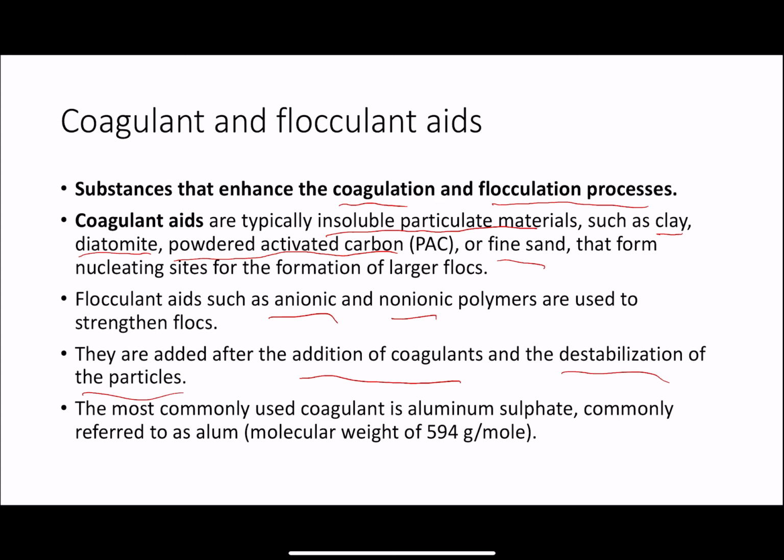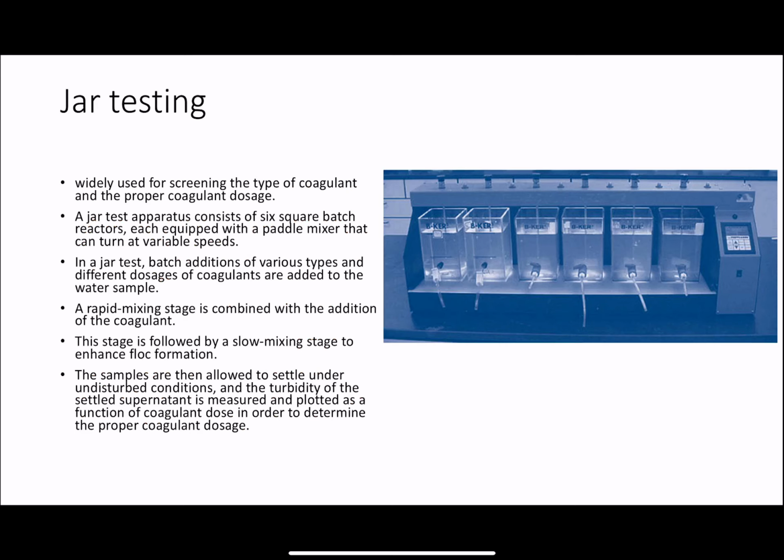The most commonly used coagulant is aluminium sulfate, alum, with a molecular weight of 594 grams per mole. There is something called jar testing. Hopefully, we'll do it in the lab. This jar test is widely used to screen what type of coagulant you're going to use and the best optimum coagulant dosage.